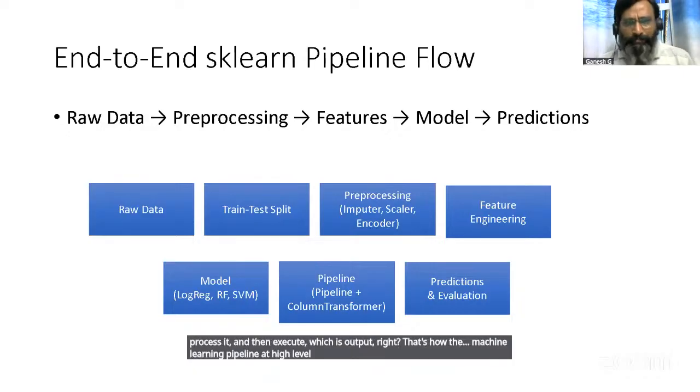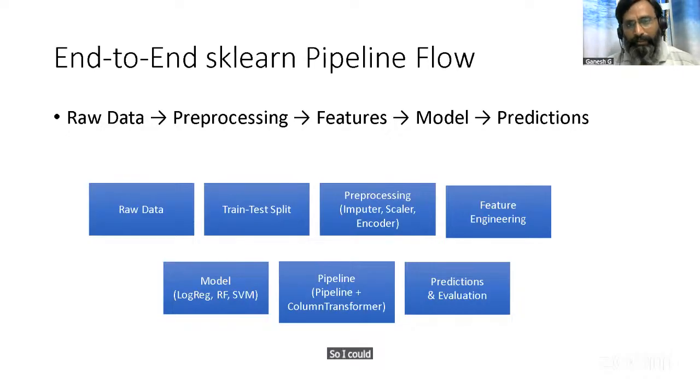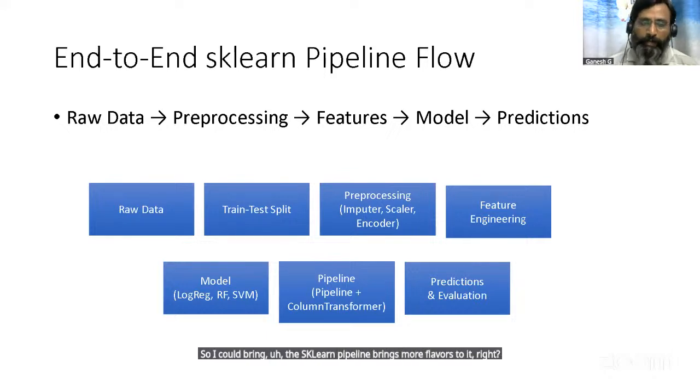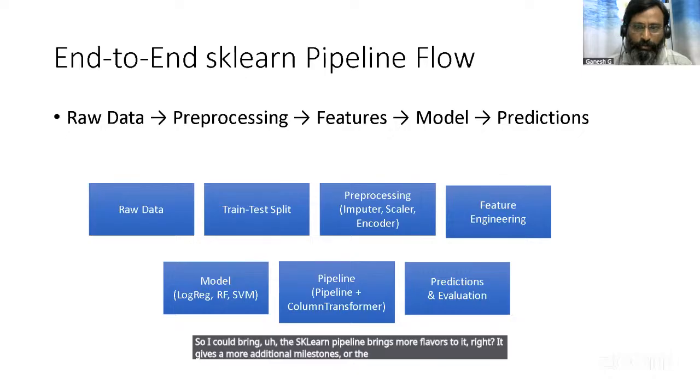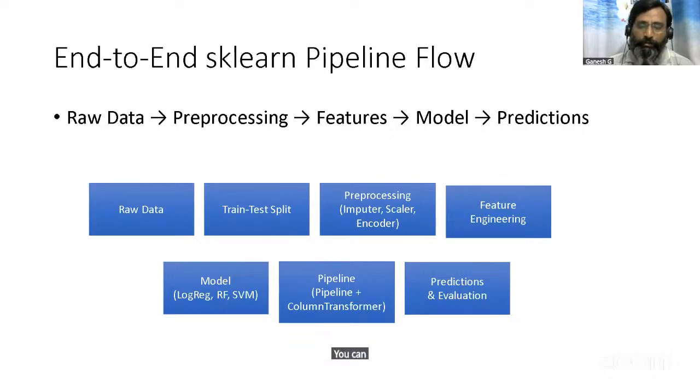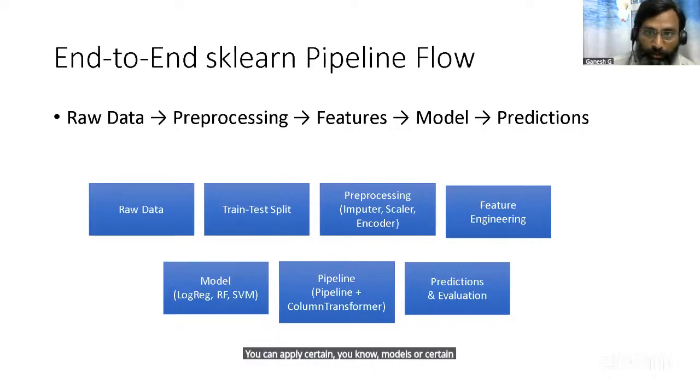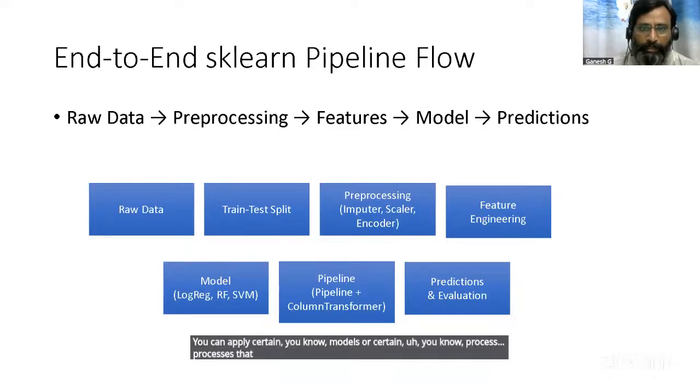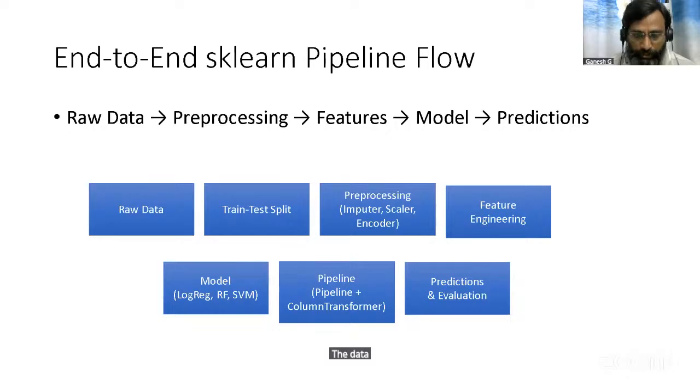But sklearn brings more flavors to the pipeline. It gives additional milestones or stages where you can apply certain models or processes, and the data can be enriched based on certain models that you can be supporting.